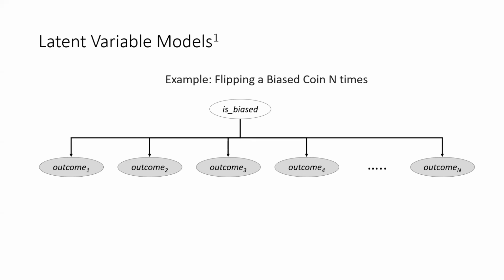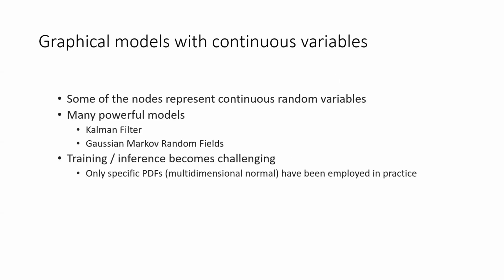So we will create a directed model with an is-biased variable along with the different outcomes for n flips. And in this case, the is-biased variable is what is called unobserved, like we'll never observe this variable. There is a way to define a probability distribution for it, but we never observe it, while for the outcomes we can see whether each flip gave heads or tails. Okay. And that's basically an example of a latent variable model.